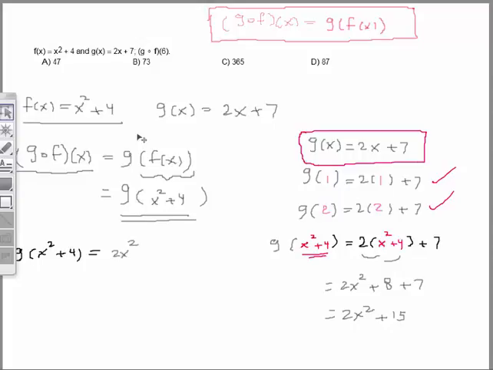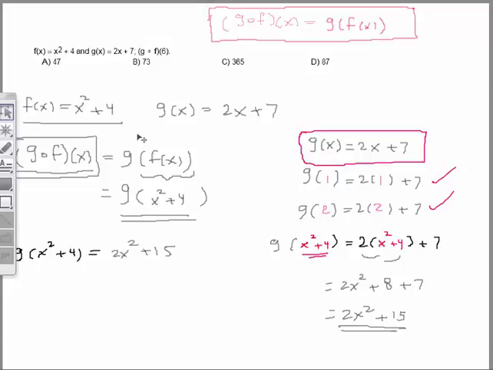Okay, any question as to how to find g of x squared plus 4 now? Everybody follow what we're doing so far? Question? So this right here is the composition of g with respect to f.